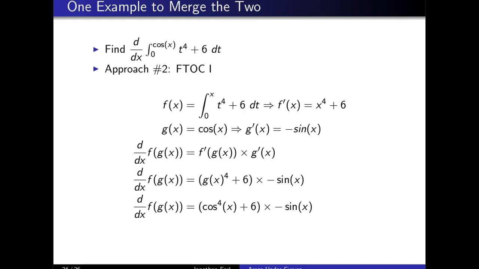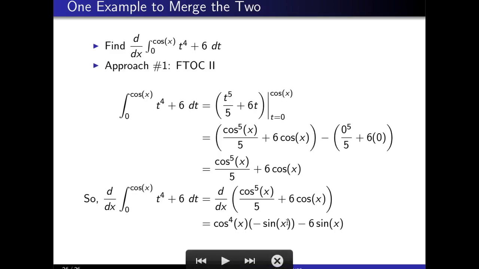So g to the 4 plus 6 times minus sine, and g is cosine. So we get that the derivative is cosine to the 4 plus 6 times minus sine, which is exactly what we just found using the other approach of fundamental theorem of calculus part 2. So both of these approaches work really nicely, and especially they give us the same answer in the end, which is the ultimate ideal.